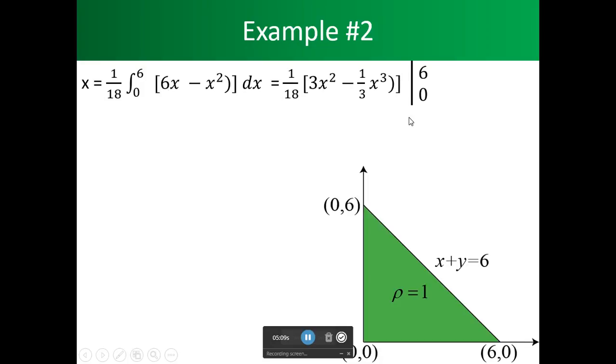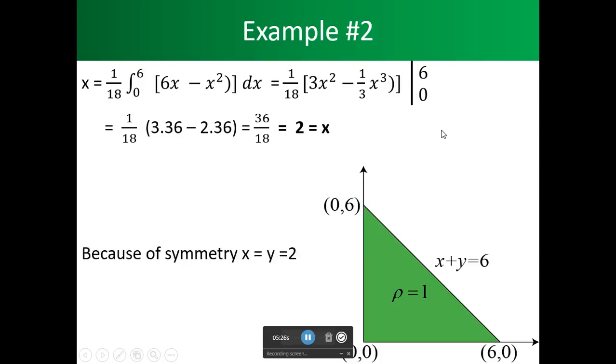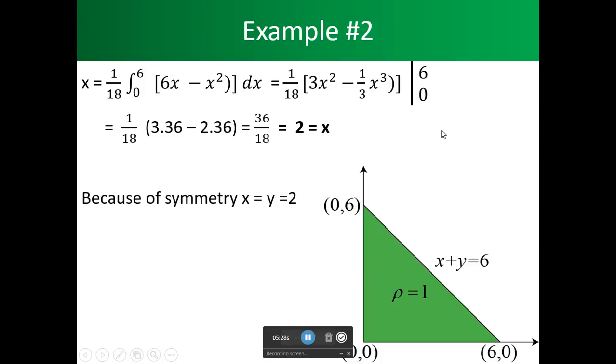We're going to take it from the limits 0 to 6, and when we plug these values in, we're going to get 2. So we have x equals 2. Because of symmetry, x and y are both equal, and they're both equal to 2.